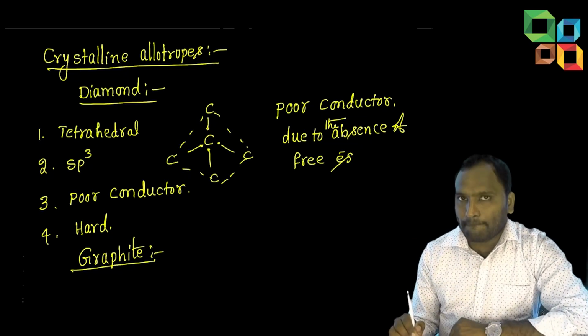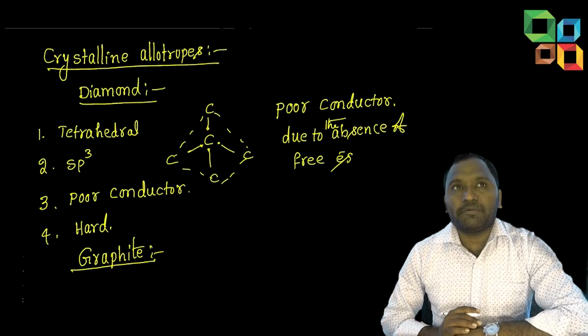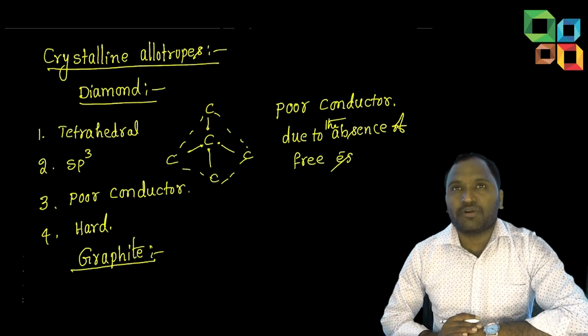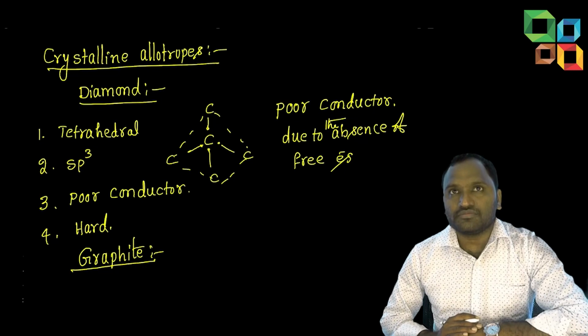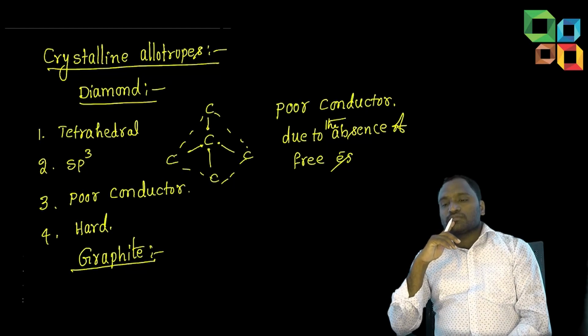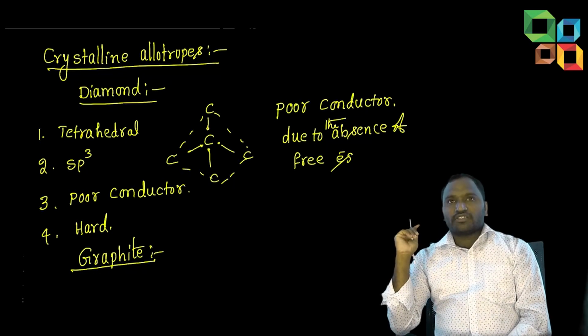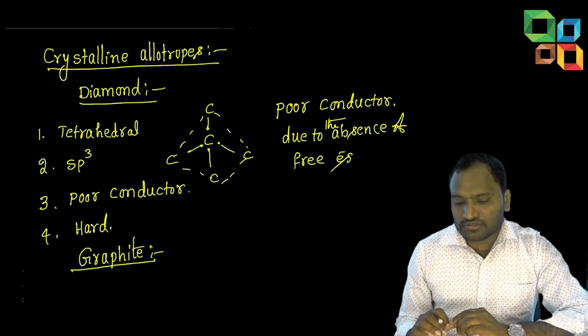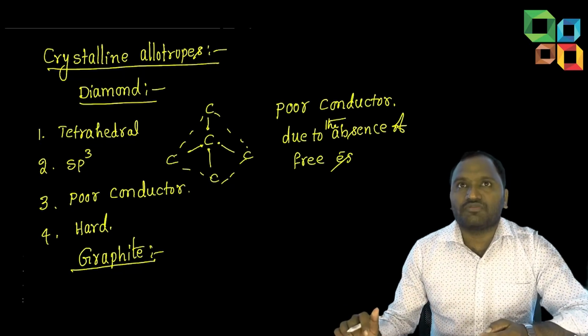Sir, what is sp3? I didn't understand that. Hybridization, you don't know? sp, sp2, sp3. No, sir. Which chapter did you get? Chemical bonding. I thought you knew hybridization. If you don't know, leave it. Just write a point and leave it, because if I explain hybridization, I need 1 hour for it.